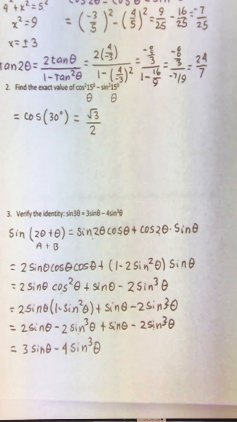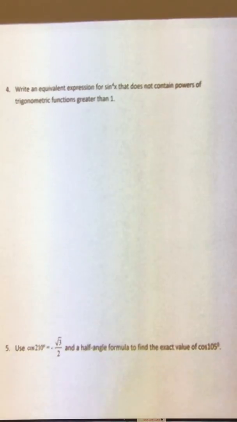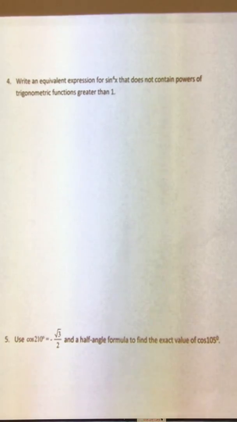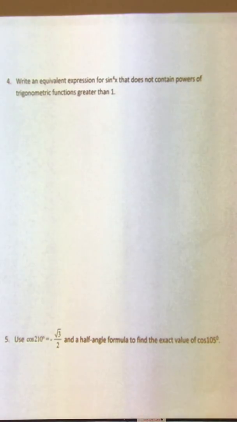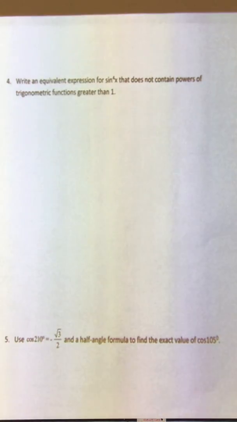Move on now to problem number 4. Use the power reduce identity to write an equivalent expression for sine of x to the 4th power. It does not contain trig functions of powers greater than 1. Okay.